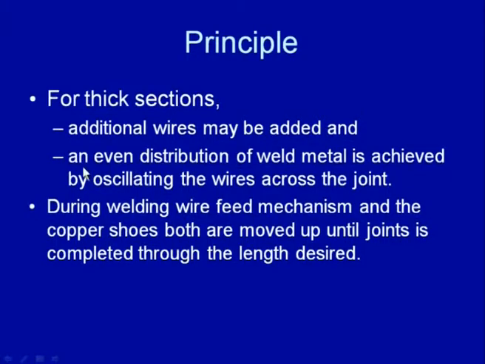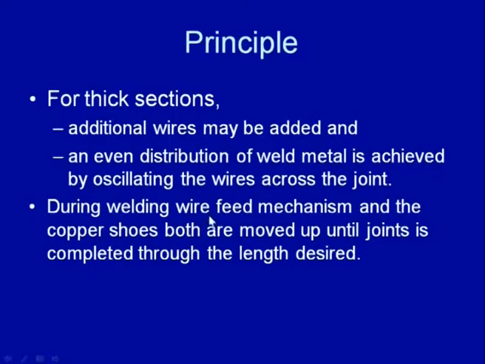For even distribution of the weld metal, the oscillation of the arc is done during the welding, so that the heat and the weld metal can be distributed uniformly between the plates being joined. And during the welding, the wire feed mechanism and the copper shoes are both moved in upward direction until the joint is completed through the length. So, this continuous movement of the copper shoes will be done until the joint is completed throughout its length.